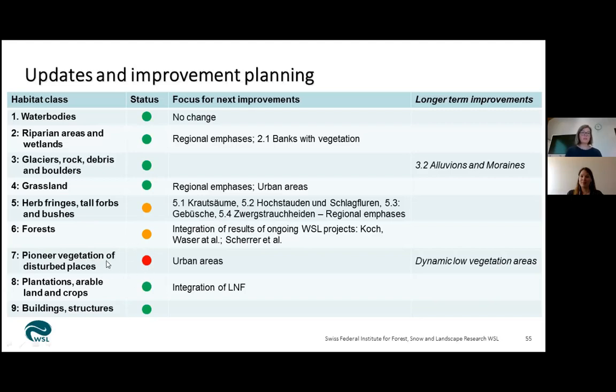Pioneer vegetation in disturbed places we have not covered very well, and we're aware of that. We'll look into areas where we can improve that. Obviously, they're very dynamic habitats, so that's something we need to work on further. And within class 3, for longer term improvements, we hope to improve on our modelling of alluviums and moraines.